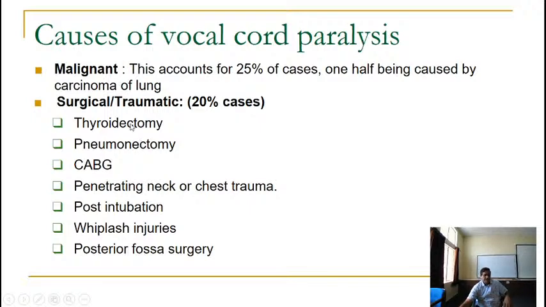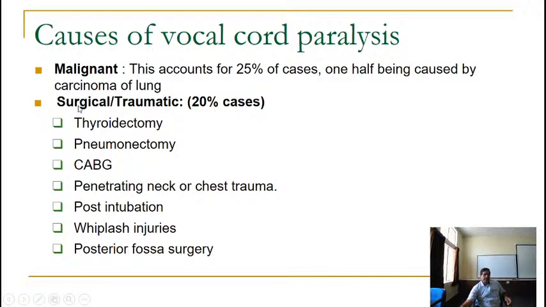We'll come to that, the various conditions that are responsible for producing vocal cord paralysis, and the various malignant conditions. And one of them is very common, the malignancy of the lungs.